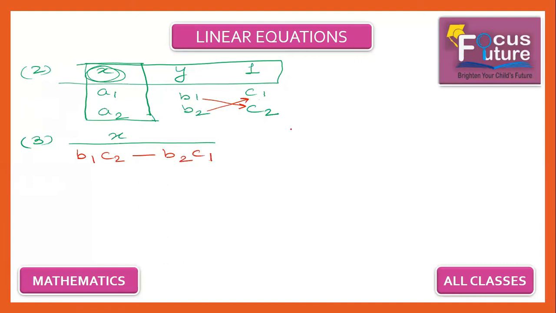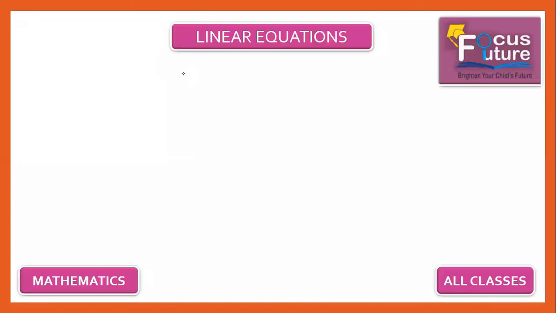Now next we would be calculating y. So to calculate y, I'm writing rule number 2 again. Rule number 2 was x, y, and this constant, coefficient of x is a1, a2, b1, b2, and 1 is c1, c2.